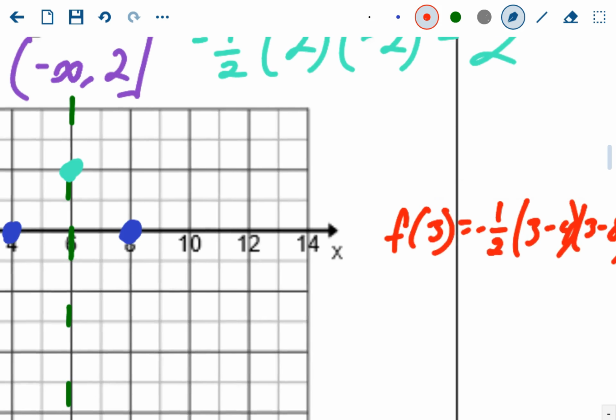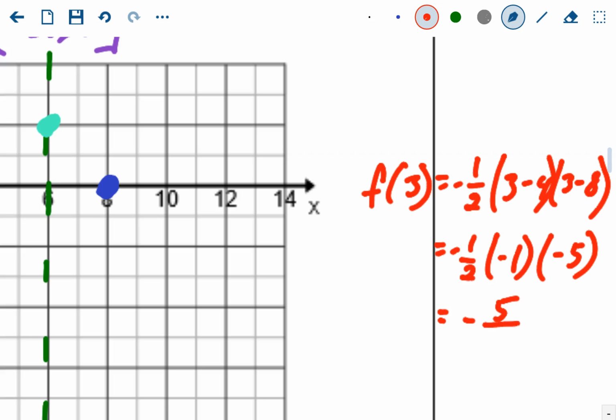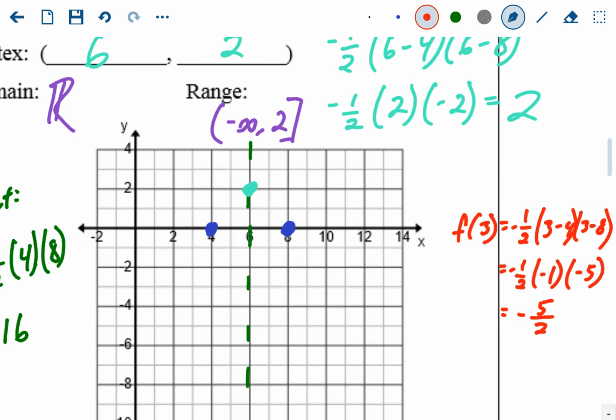Simplify that: -1/2, 3 minus 4 is negative 1, 3 minus 8 is negative 5. So I got 3 negatives here, so it's going to be negative 5 halves, negative 2.5. So I go over 3, down 2.5, which puts us right here.